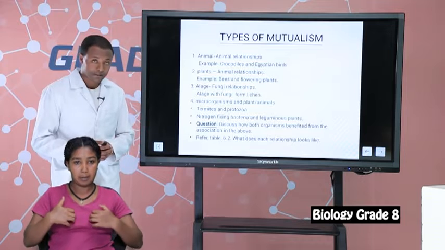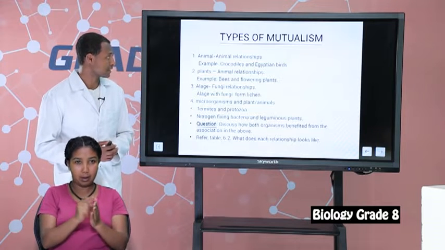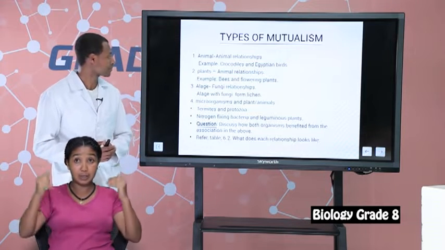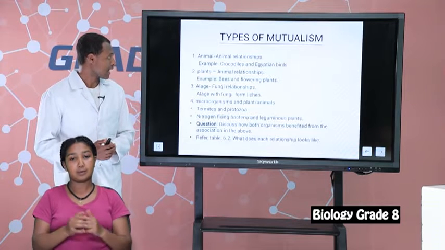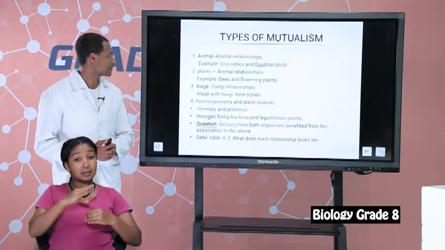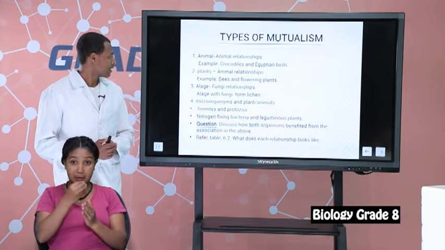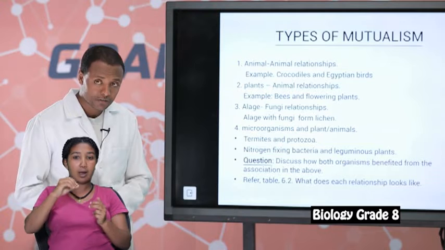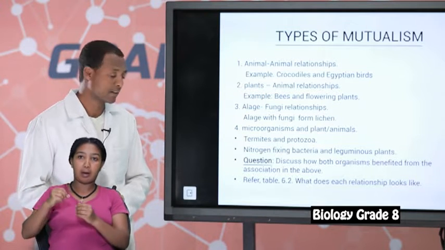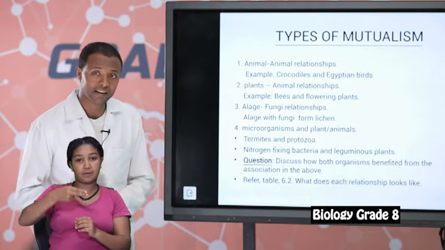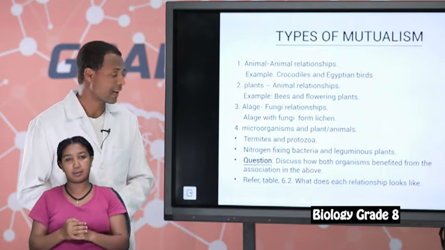Animal-animal relationships, example, crocodiles and Egyptian birds. Plant-animal relationships, example, bees and the flowering plants. Algae-fungi relationships, that means when algae and the fungi cooperate together, they form another organism, lichen.